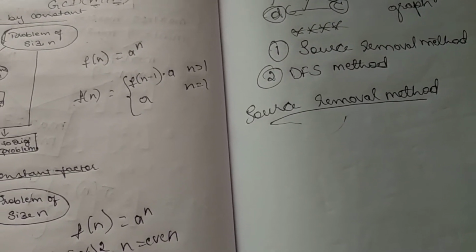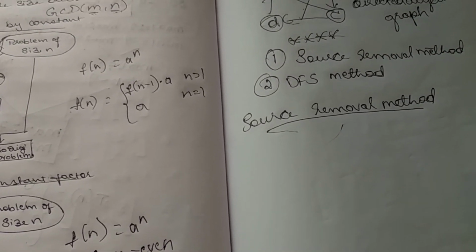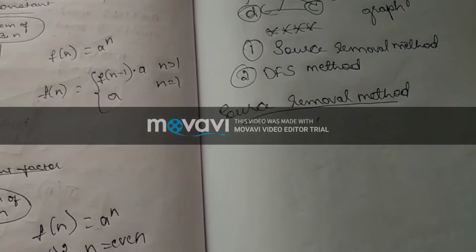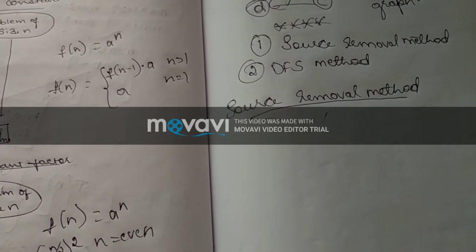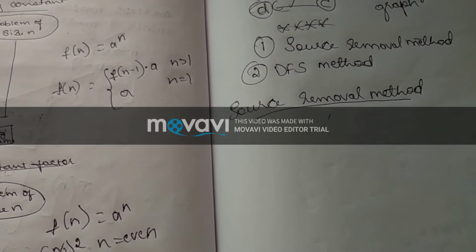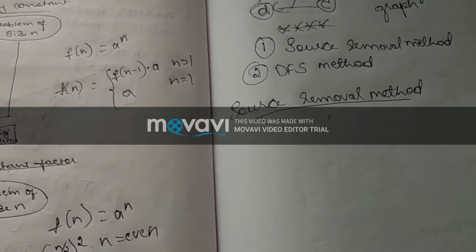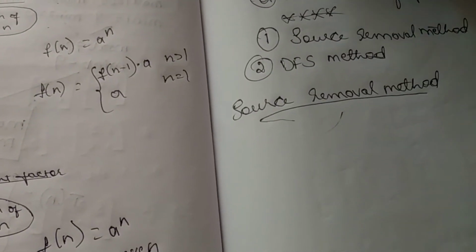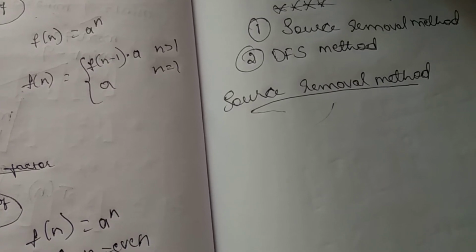The order in which the vertices are visited and deleted one by one is called your topological sorting. For example, if you select the second vertex first and remove it, first I'll write 2, then the fourth vertex, then 4, then 5, then 1, like that we are going to write the topological sorting.